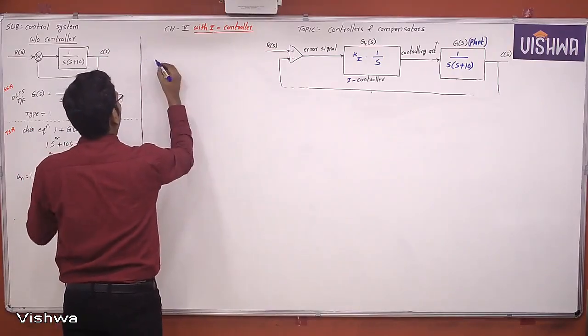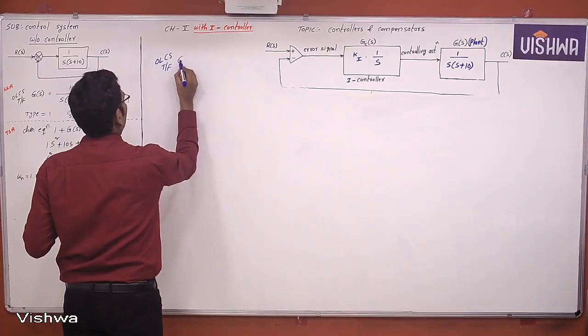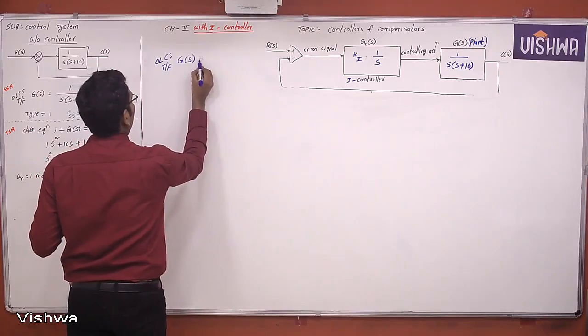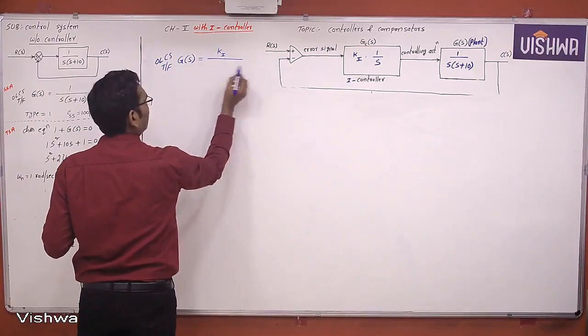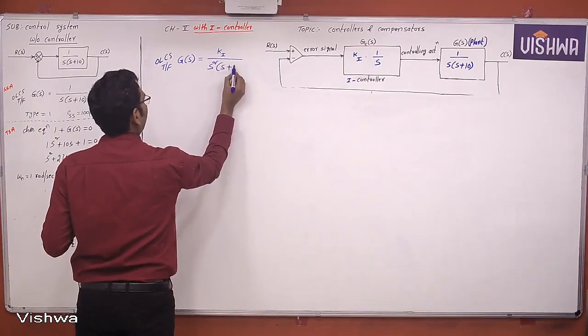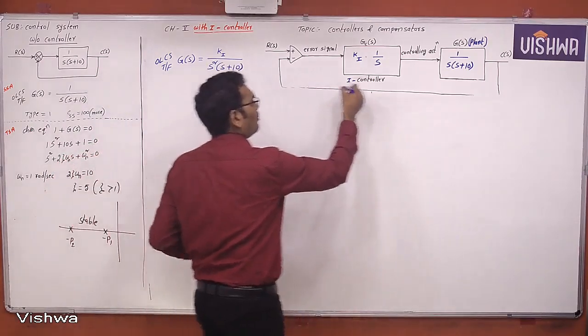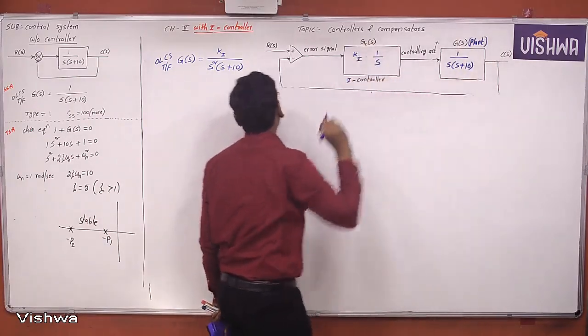With the I controller, the open loop transfer function G of S is equal to Ki by S square into (S plus 10). This is the forward path gain, with the presence of the controller.